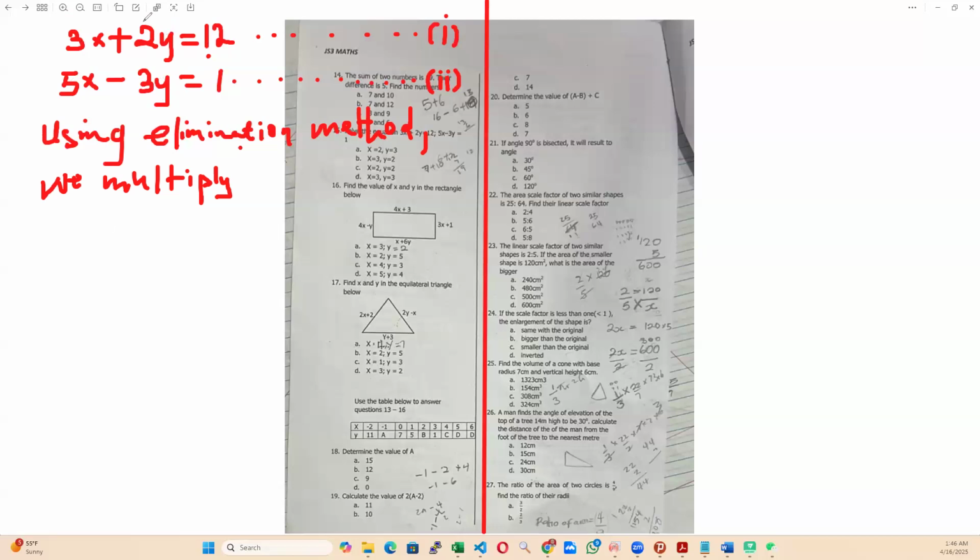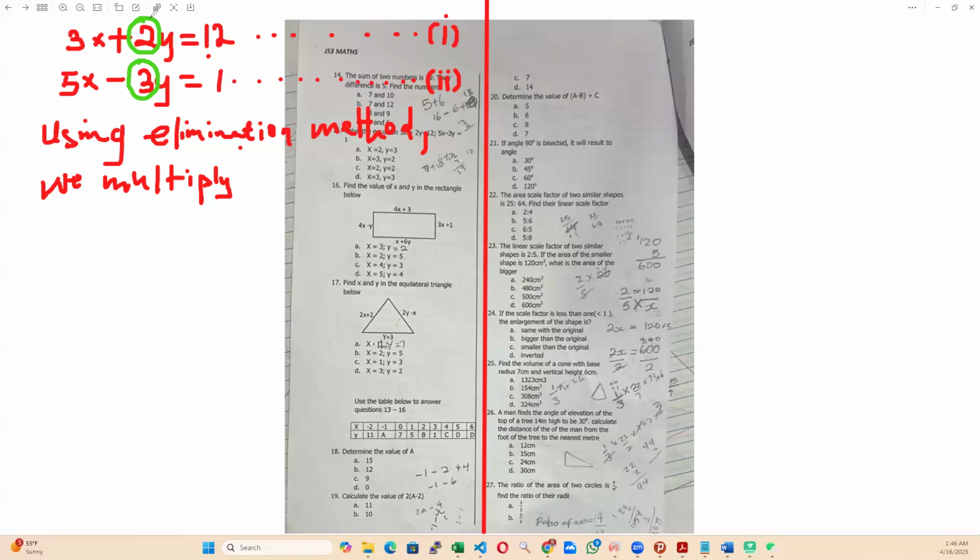You are eliminating y. Y should not be in what you are using to multiply. What you will look at is the coefficient of y. In equation 1 it is 2. In equation 2 it is minus 3, but you drop the minus for now.